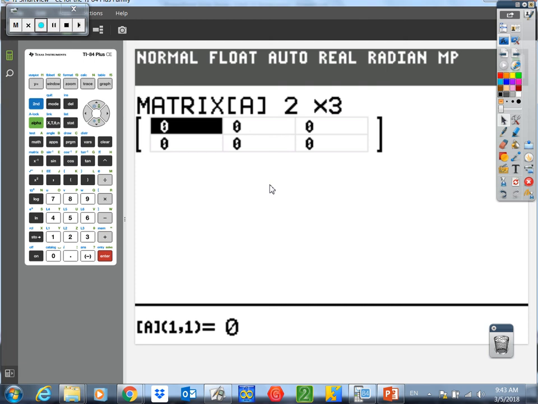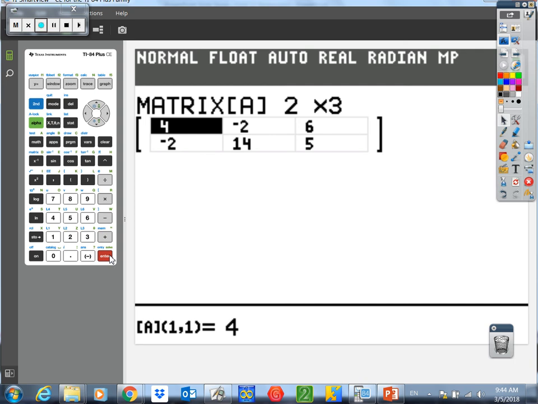So let's just type the one that we had in. So we had a 4 and then a negative 2 and then a 6 and then a negative 2 and then a 14 and then a 5.